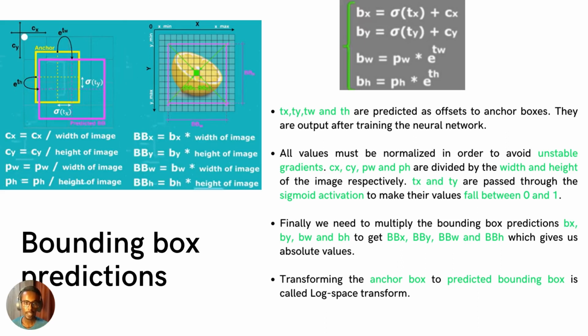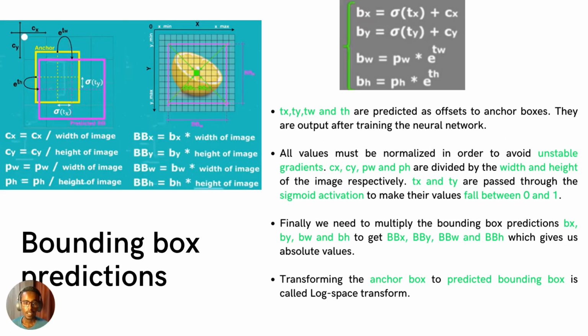Finally, we need to multiply the bounding box predictions Bx, By, Bw, and Bh to get uppercase Bbx, Bby, Bbw, and Bbh, which gives us the absolute values. So once we find the coordinates for the predicted bounding box, we need to multiply them again with the width and the height of the image, which is demonstrated on the image on the right side.